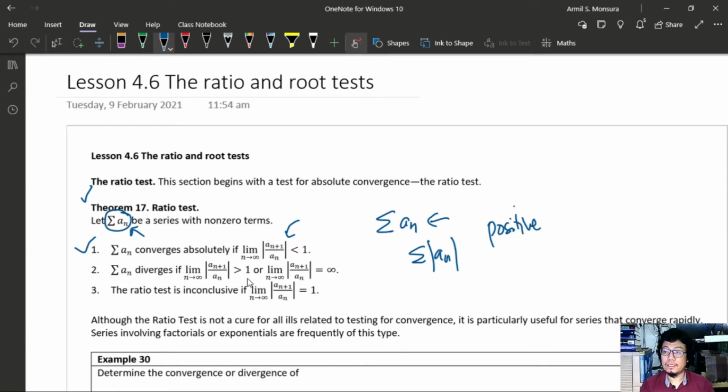If it is greater than 1 or infinite, the series diverges. The problem is encountered when that ratio is equal to 1, because we will have no choice but to say that the test is inconclusive.